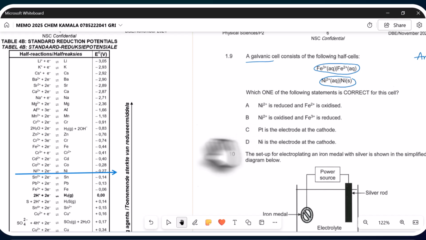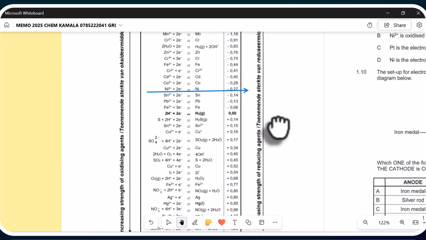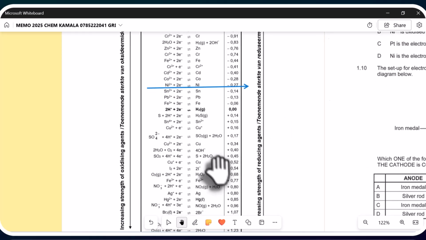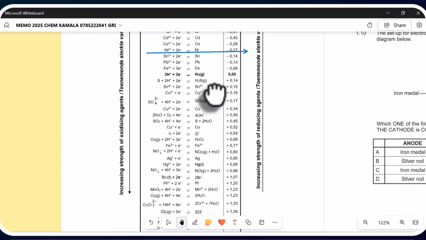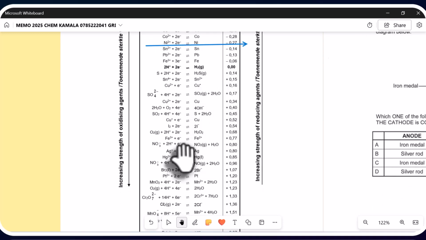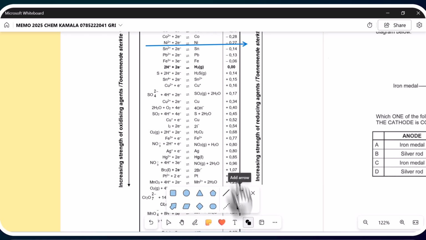Now, if you check here what we have, above the red arrow, we have iron 3 to iron 2. And then here for the blue, we have the nickel. If you look at this other arrow here, it talks about increasing strength of reducing agent. Increasing strength of reducing agents, meaning that this arrow is pointing up.